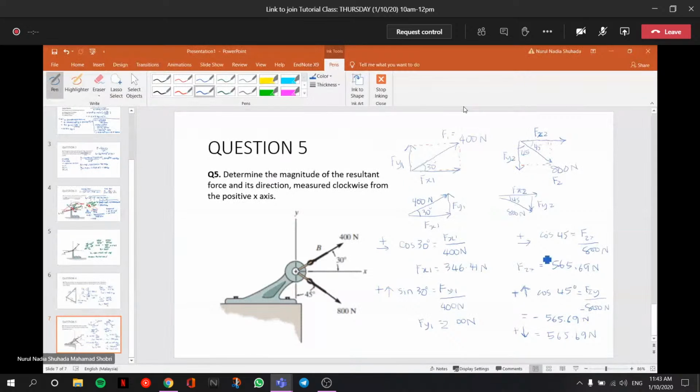So now what we will do next is we will add the x forces and also the y forces up together.